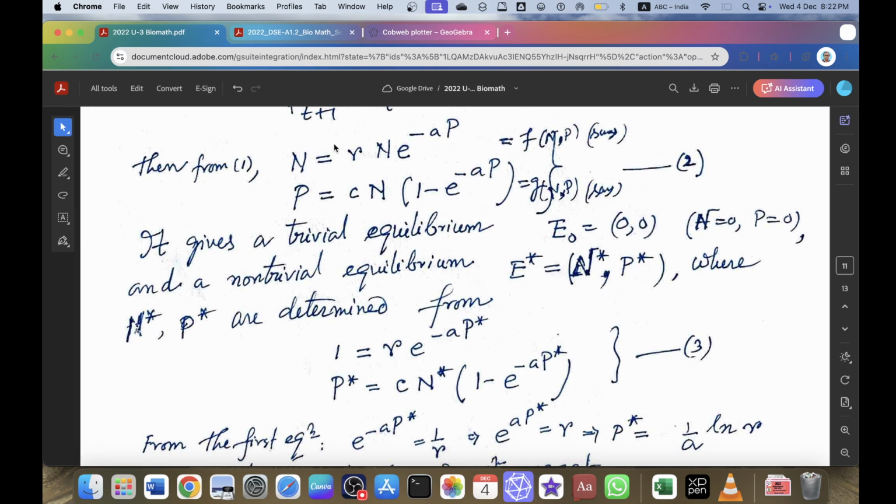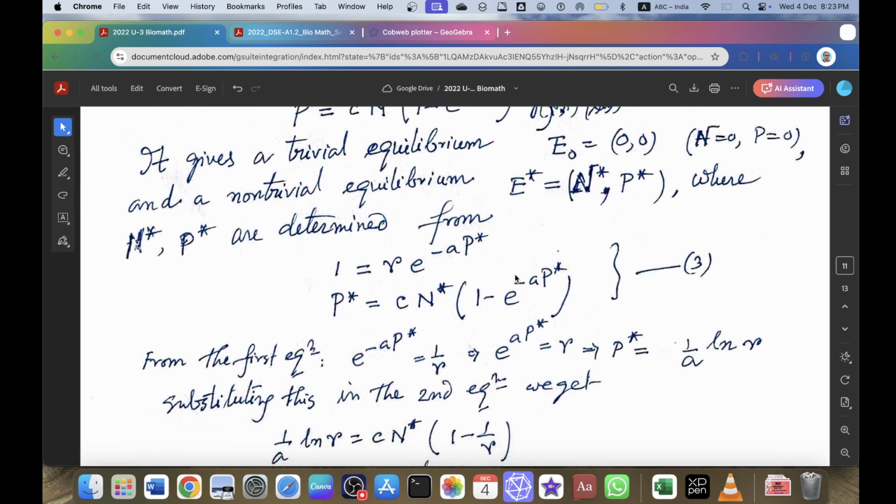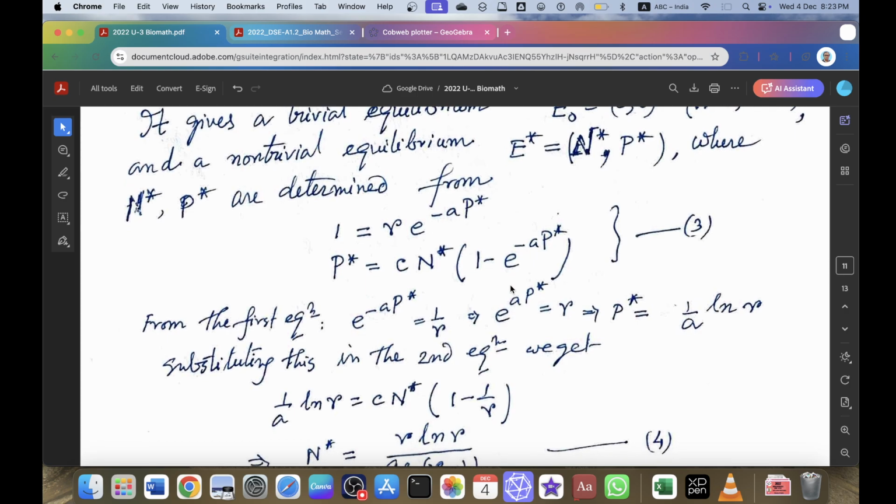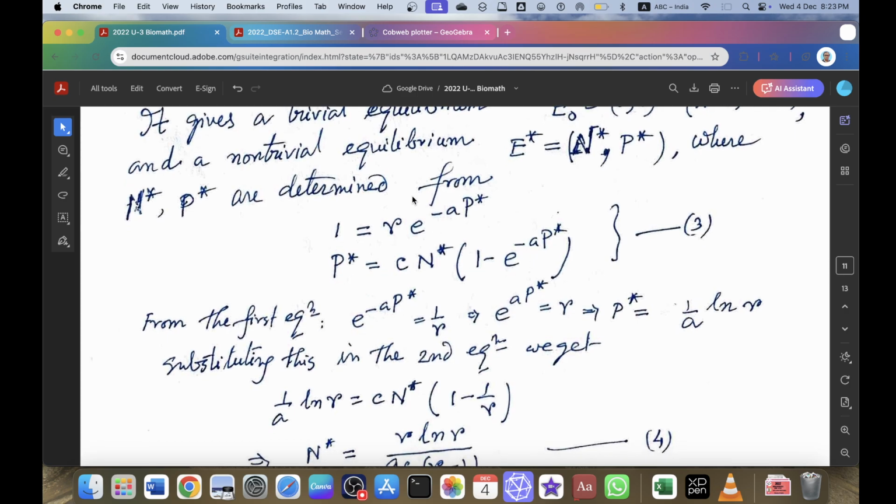And P is not equal to 0, because this 1 equal to r, and r is a non-zero quantity. From the first equation, e to the power minus a P star equal to 1 by r, so e to the power a P star equal to r, which implies P star equal to 1 by a log to the base e, that is, 1 by a ln r.